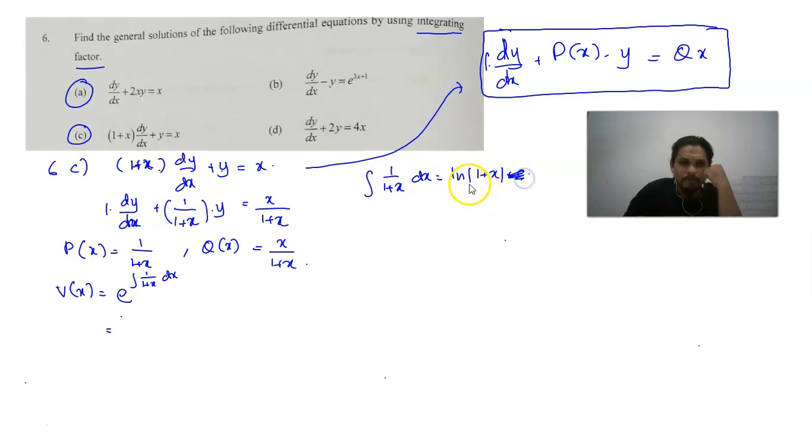You remember this? So it comes up with e to the power of natural log of (1 plus x). Between these two, e and ln cancel each other, so you come out with 1 plus x. So now this v(x), the integrating factor, is 1 plus x.